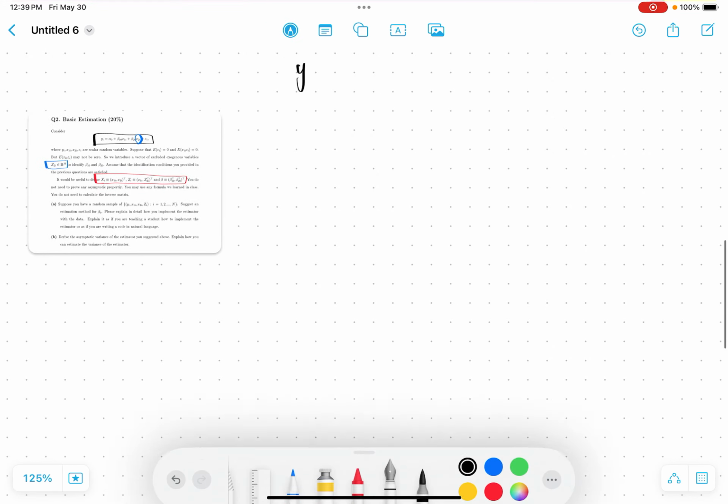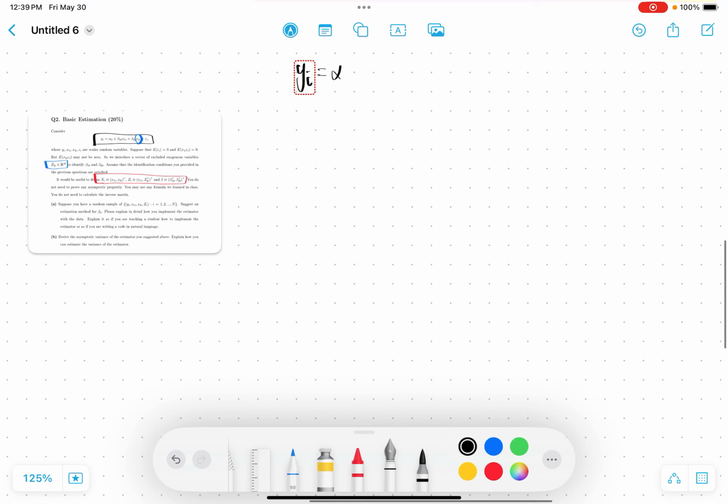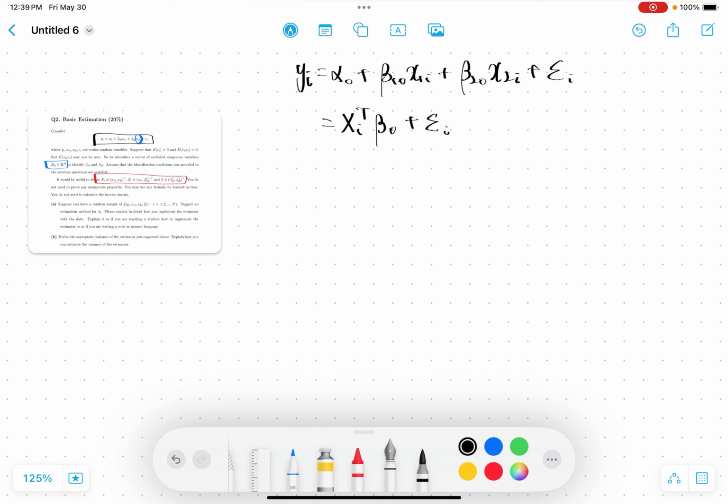We have y equals intercept plus beta 10 x1i plus beta 20 x2i plus epsilon i. Okay, this is the standard linear regression model, and I'm going to denote it as xi transpose beta 0 plus epsilon, where xi equals intercept, x1 and x2.